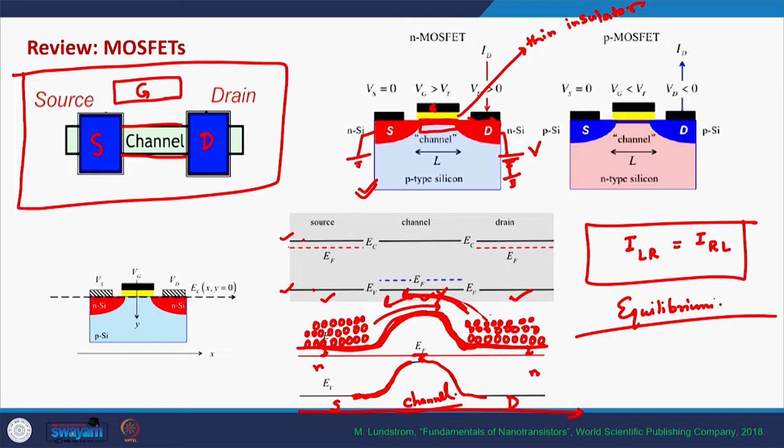So this is the equilibrium in the device. And in equilibrium, as all of us know, the Fermi level is uniform across the entire device.